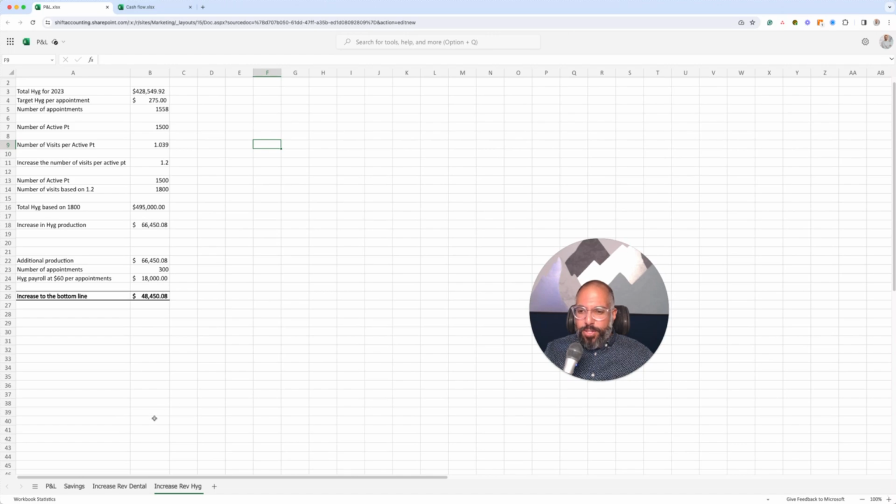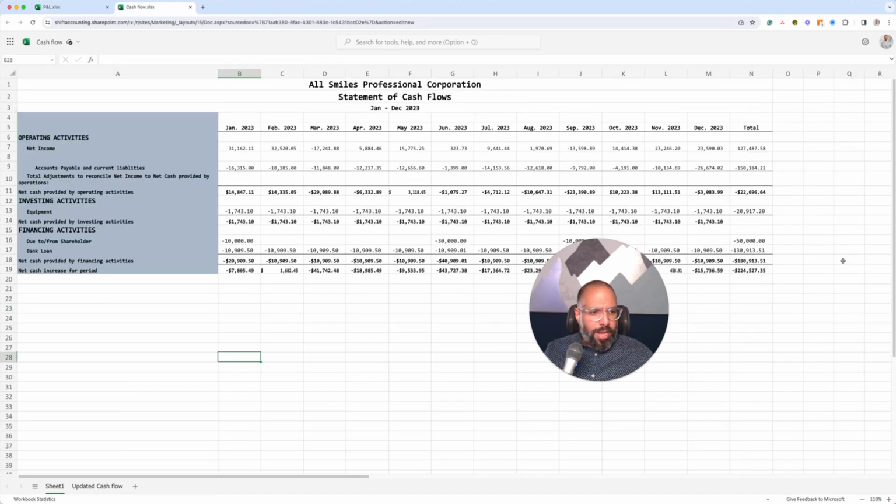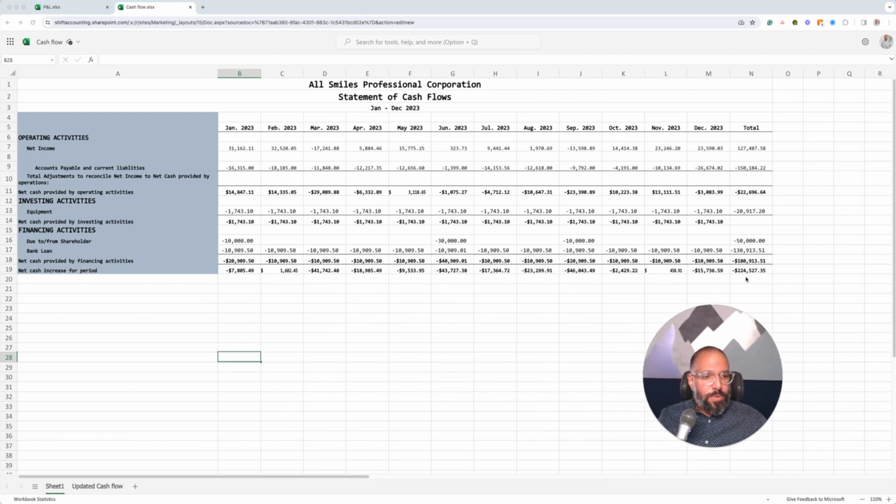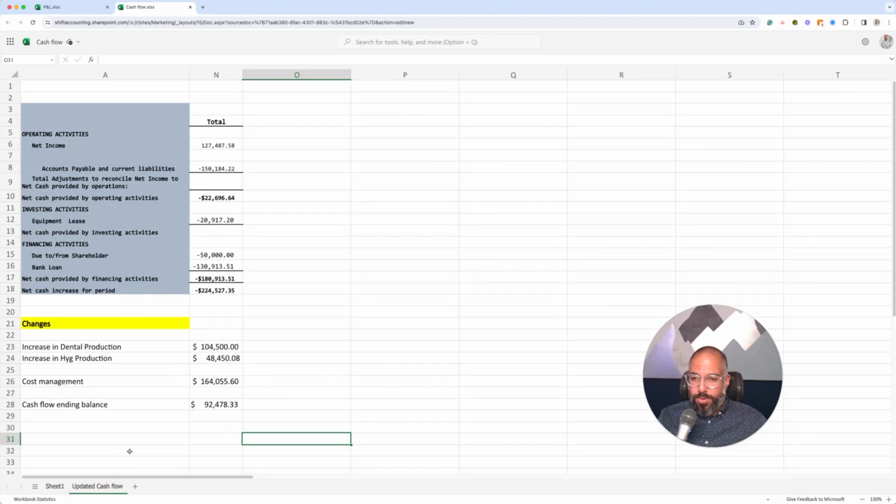Now let's look at the cash flow statement. Remember, our cash flow statement had a negative 224,000, and now we're going to factor in the adjustments that we did. The changes that we made, and again, I'm not saying these are easy changes, but let's say we were very successful in making all of these changes.